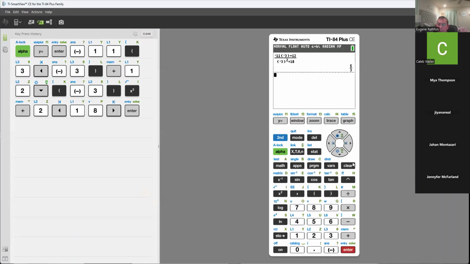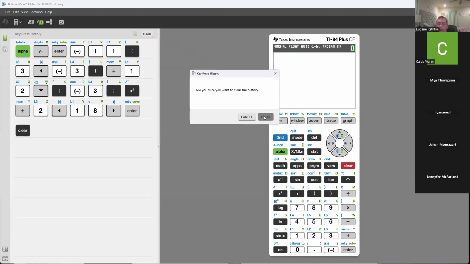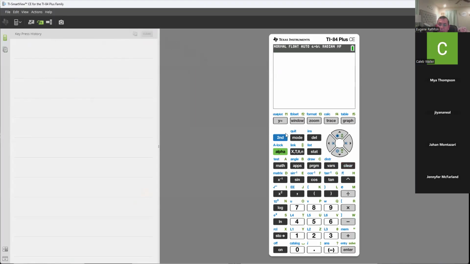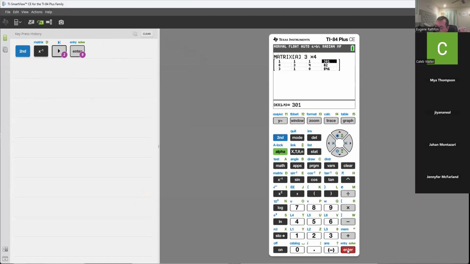All right, so let me clear this thing off. All right, so this stuff is in the matrix. Second, x -1, go to edit. Mine's already set up for a 3x4, so hit enter twice. I had 1, 1, 1, 180 goes there.